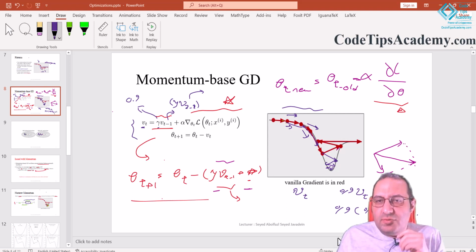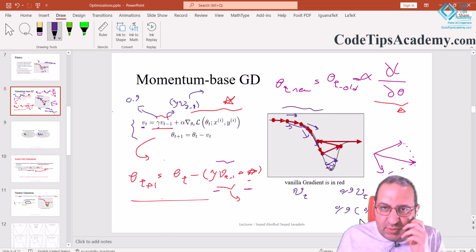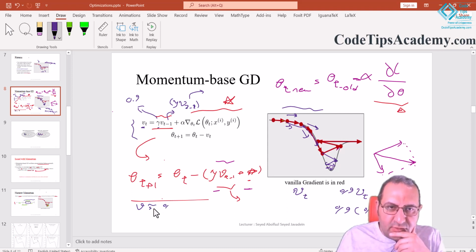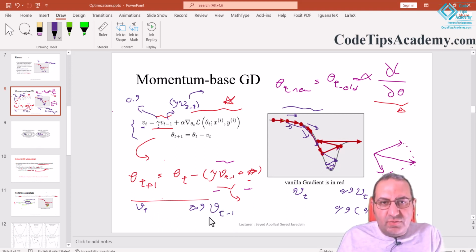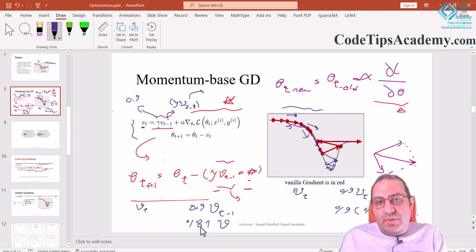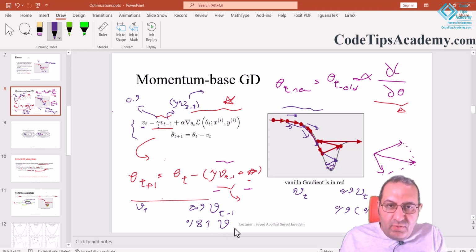Means that, for example, Vt depends on 0.9 times the speed of one step before, Vt minus 1, and 0.81 times two steps behind, and so on.